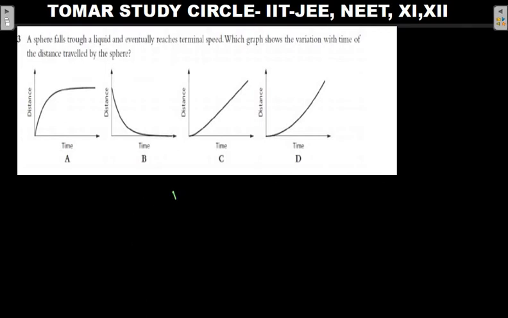Since terminal speed Vt is a constant, it implies that distance d will be equal to Vt multiplied by t. That is, the distance at any time by the falling sphere in a liquid will be the terminal speed of the sphere multiplied by time, which is a straight line passing through the origin. Hence, the correct option is option C.